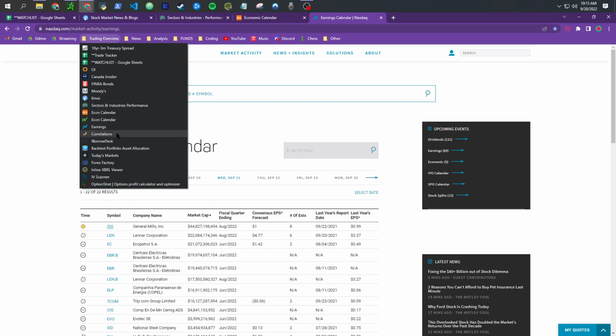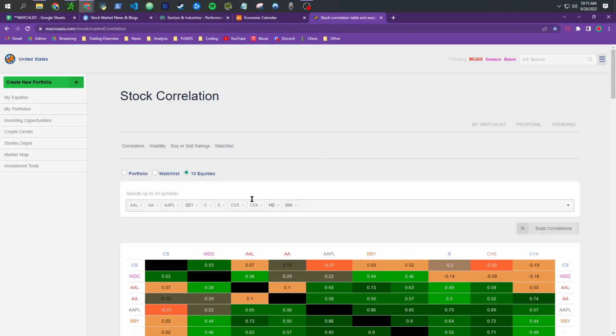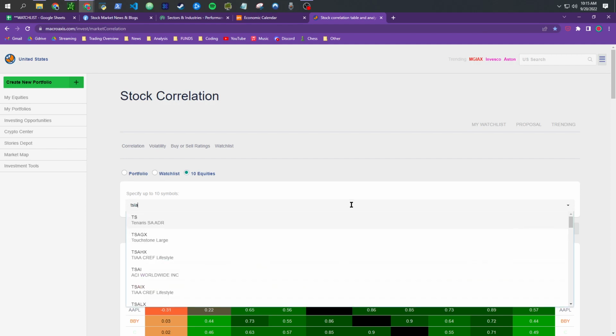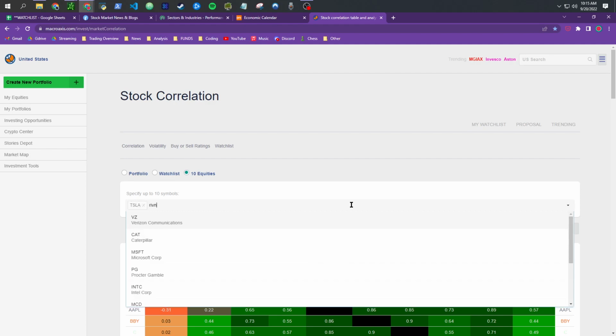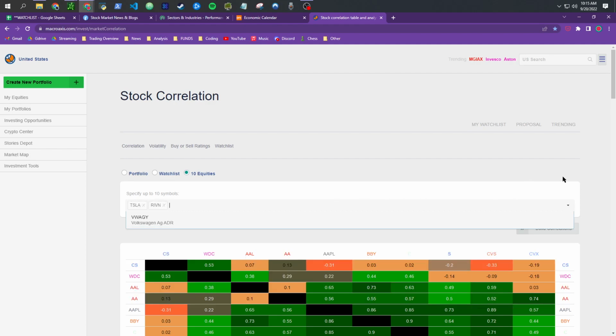Let's see, correlations. I like to look up correlations for stocks that I'm building positions up in, and I'll compare them to other stocks. Like I just recently did a Tesla Rivian pairs trade.